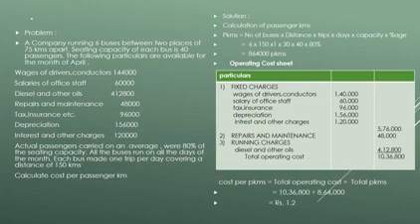Students, here you have to note that in the first line it is given that a company running 6 buses between two places 75 kilometers apart, whereas in the last line it is given that each bus made one trip per day covering a distance of 150 kilometers.